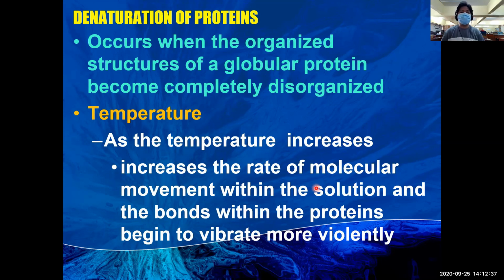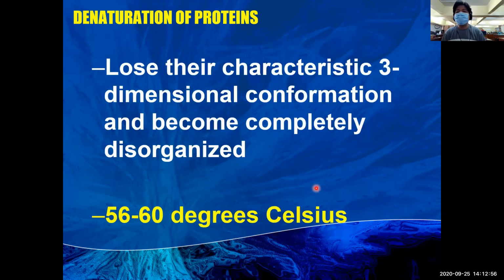So when it undergoes violent vibration, the bonds in that globular protein, for example, become broken. That is why ma-disorganized po ang ilang shape. So what will happen? They lose their characteristic three-dimensional na shape, and of course, they will become completely disorganized.